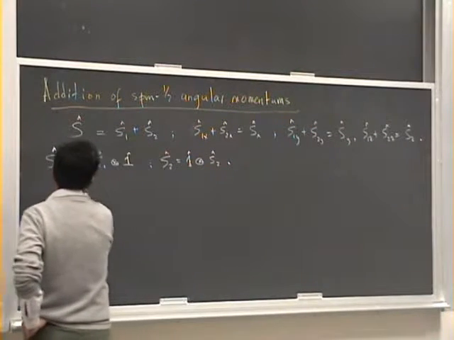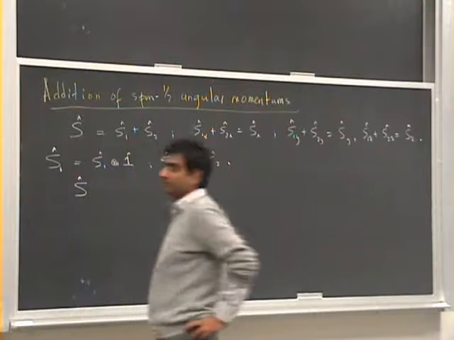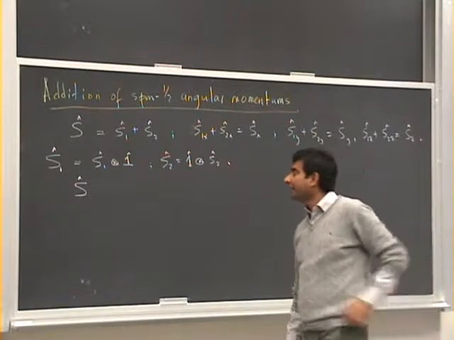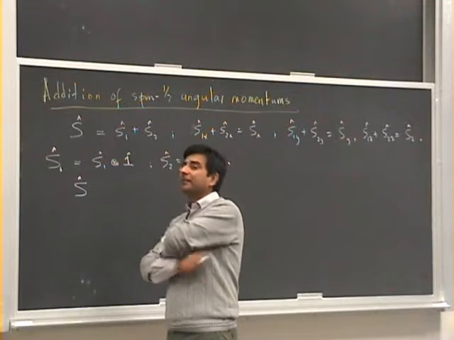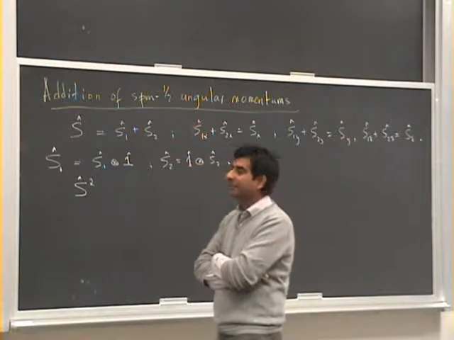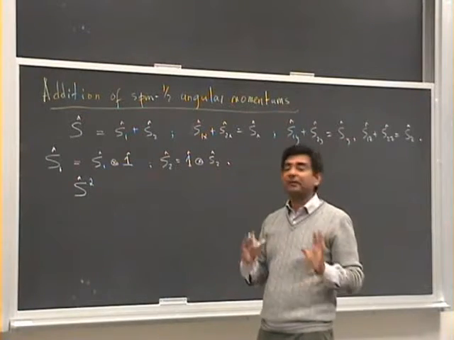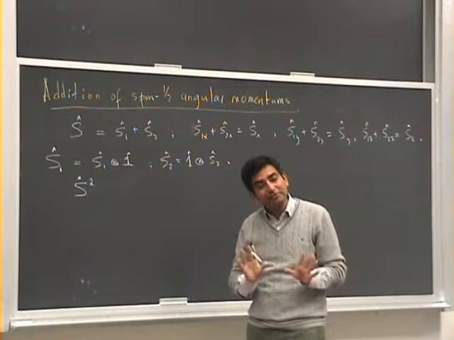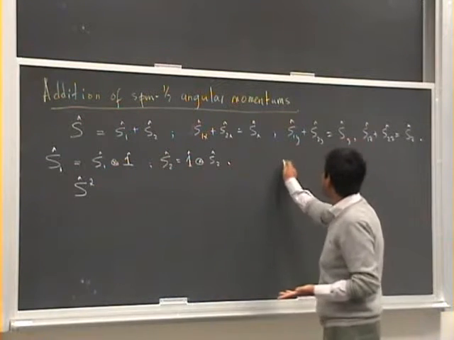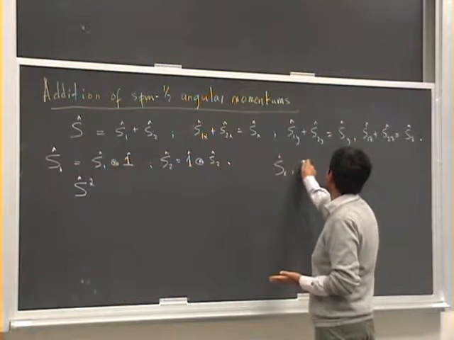If I have S, the total angular momentum, I would like to find eigenstates of S squared. If S is an angular momentum operator, what is an angular momentum operator? An angular momentum operator is something that satisfies the commutation relationship given by the following.